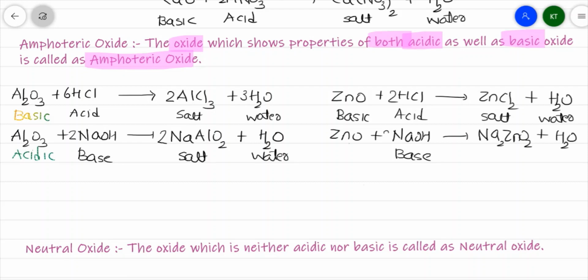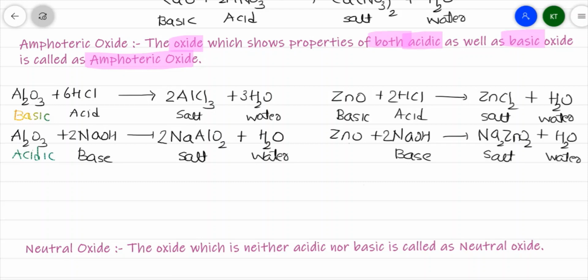So in order to balance, I multiply here by 2, I'll get 2 here. So 2 oxygen here and 1 oxygen here, 1 oxygen here and 2 oxygen. So oxygen is balanced and every other atom is balanced. Now ZnO reacts with NaOH, gives me sodium zincate, Na2ZnO2, as a salt and water.